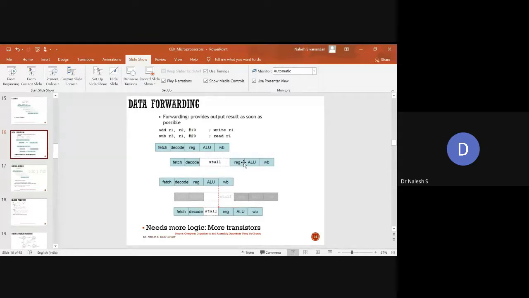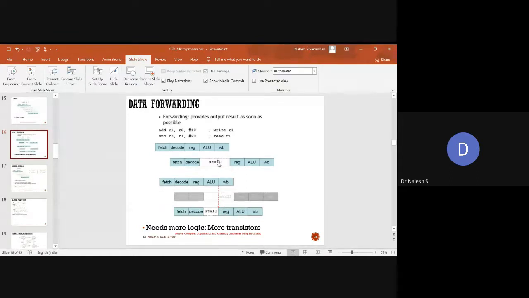Okay. Instead, if there is a provision to give the ALU output directly to the register stage, instead of writing it back to the main register and then fetching it, without actually reading from the registers, then you can save one cycle.